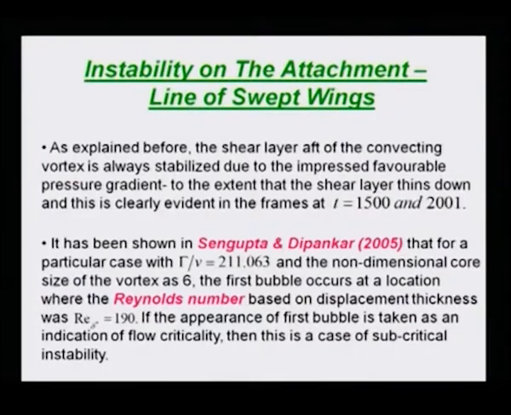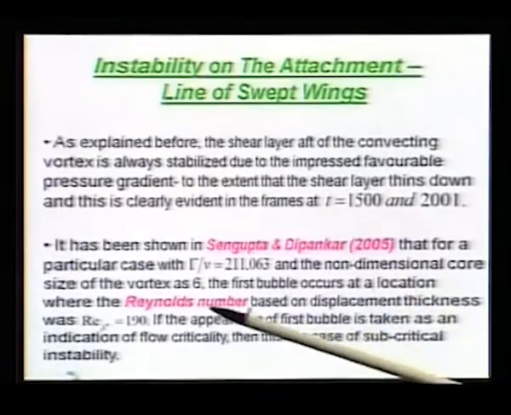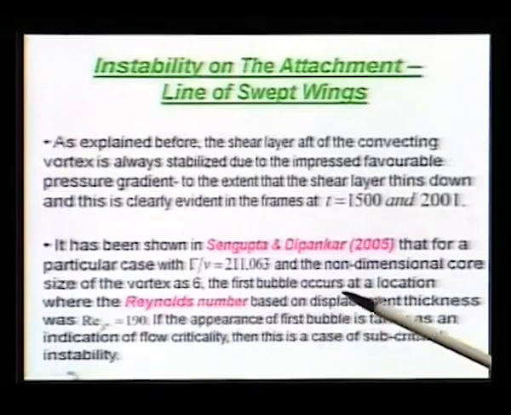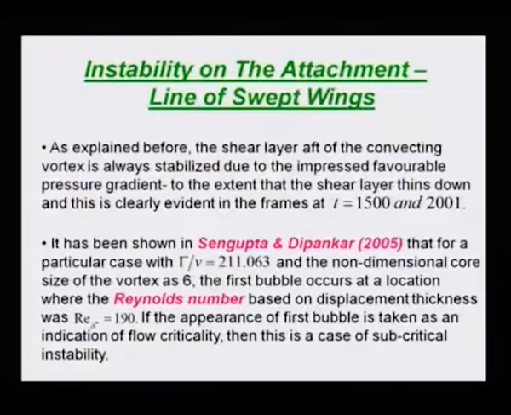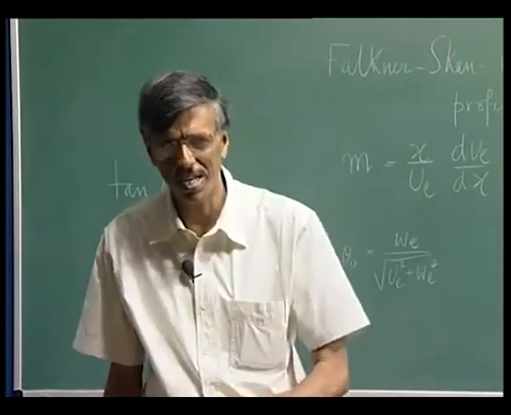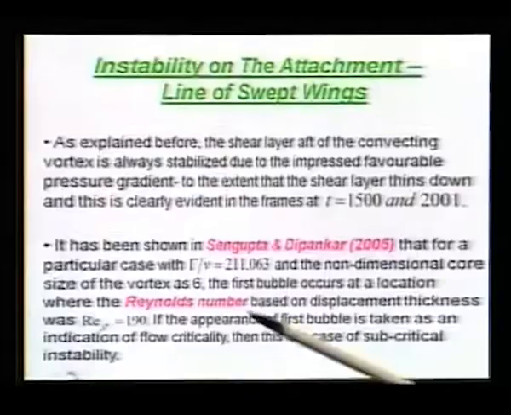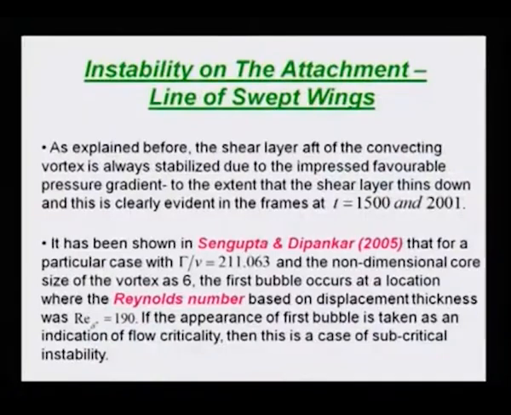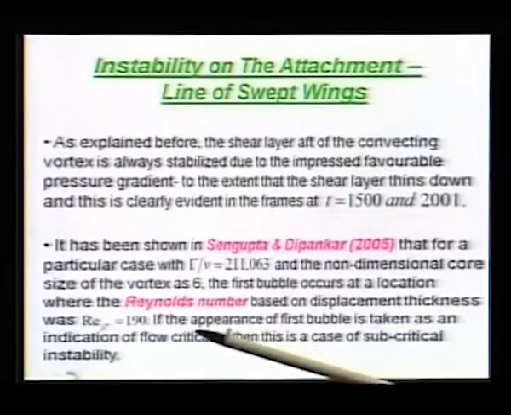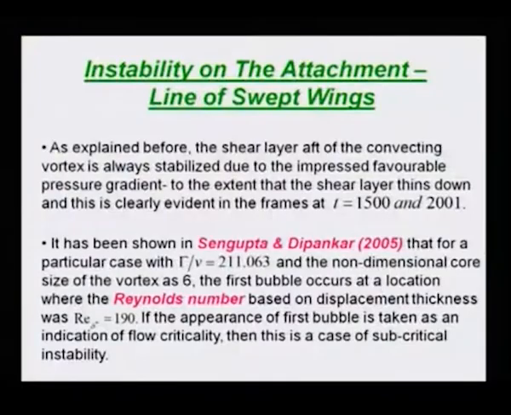The first bubble occurred at a location where the Reynolds number based on the displacement thickness is about 190. So, what was the Re critical? It was noted as 235. So, if I see an instability event occurring at 190, it is obvious that it is a subcritical event, right? So, that is what we are saying. The flow criticality indicates a subcritical instability.